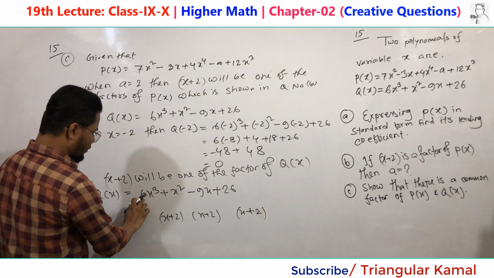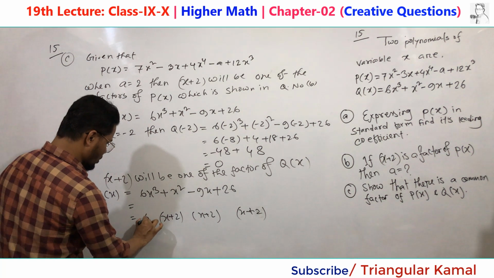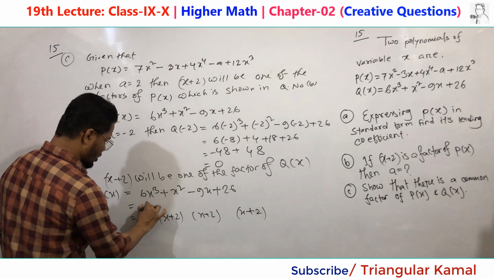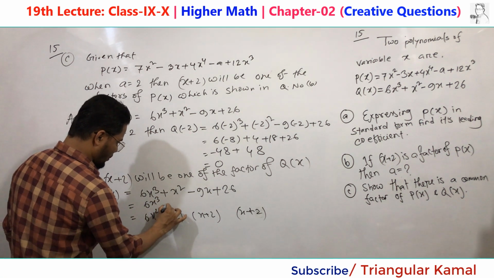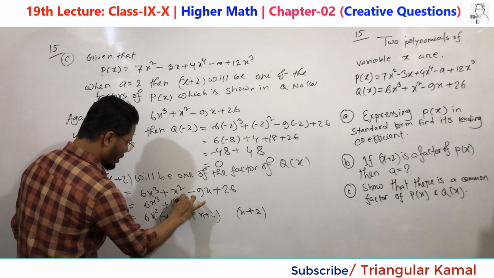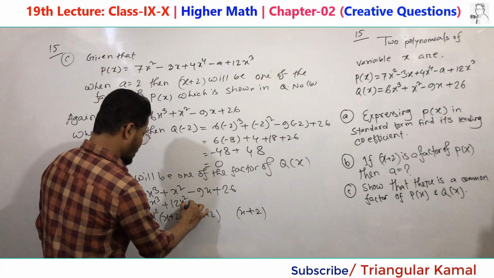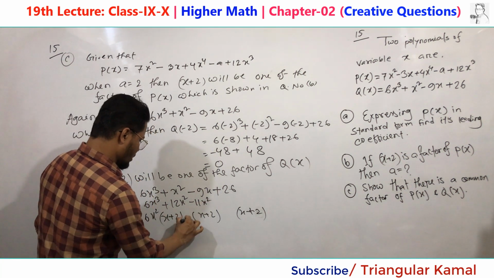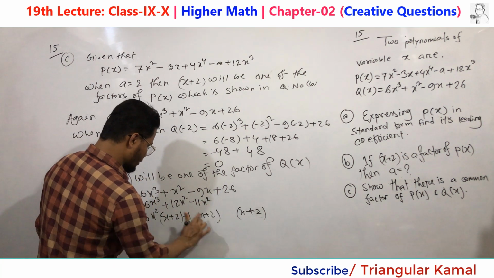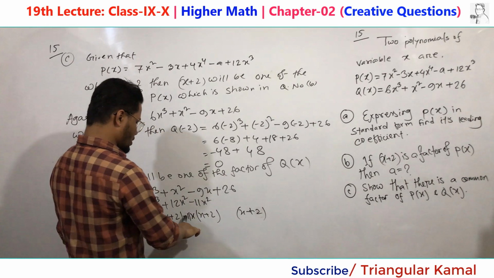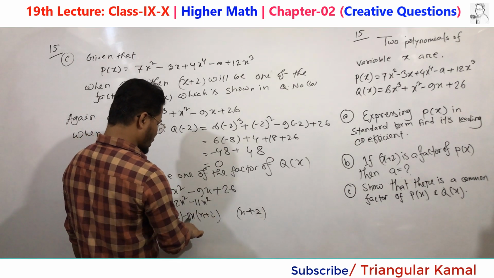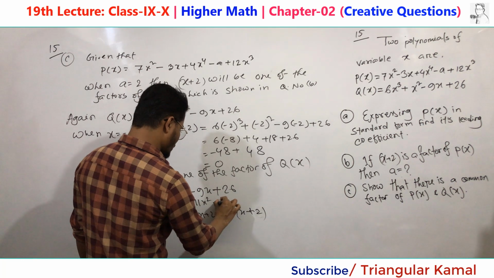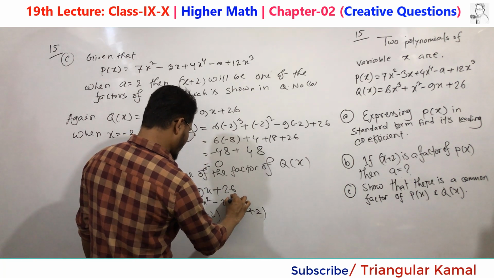Now the first one, the 6x cube. So we can take here 6x square. There will be 6x cube plus 12x square. So we can write here minus 11x square. Then minus 11x is common here. Then 11x square minus 22x.